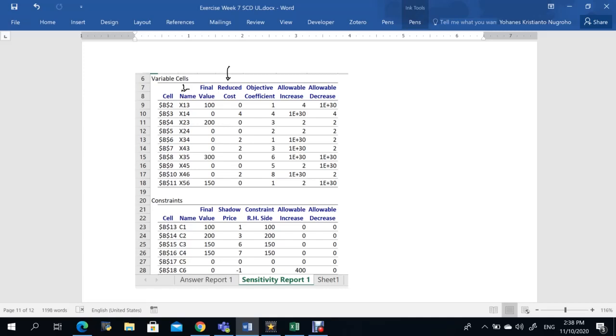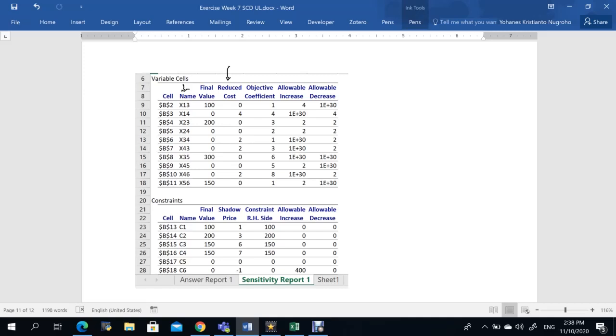Also for constraint number 2, the shadow price is 3, meaning that we could increase the right-hand side, in this case the ship quantity from node number 2 to node 3 or node 4, by 3 units, right? But here there is no possibility to increase or decrease the ship quantity from node number 1 and node number 2.